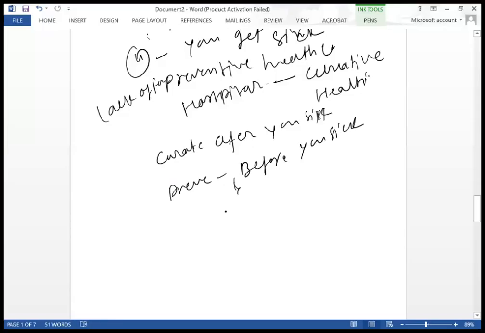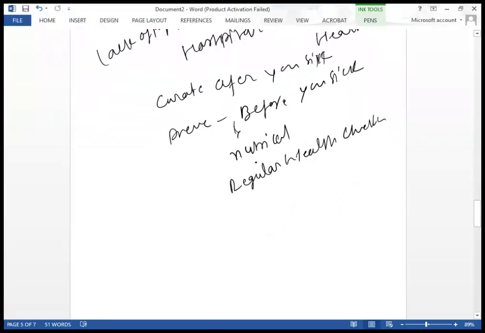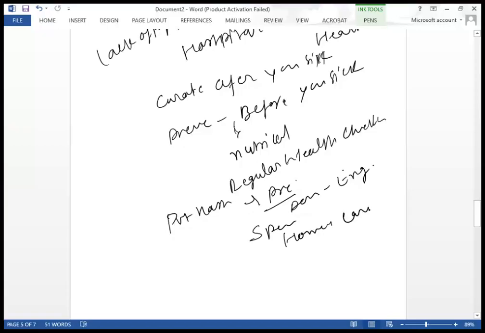How could it happen? There are many ways: nutrition, regular health checkups. But because of private hospitals, and you have seen many doctors, English-speaking doctors especially, speak loudly that home care remedies are not good for health.